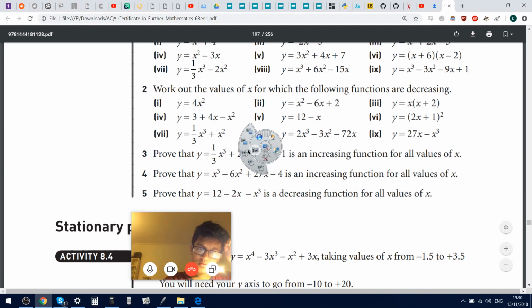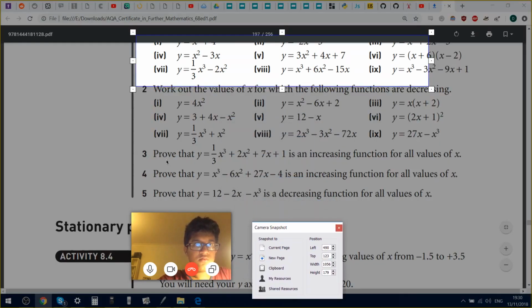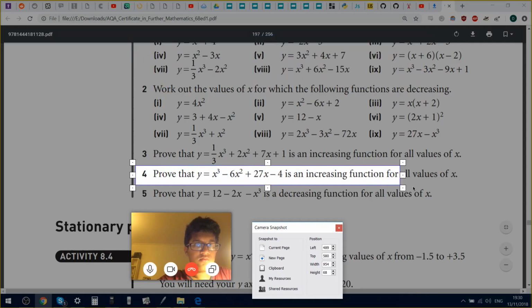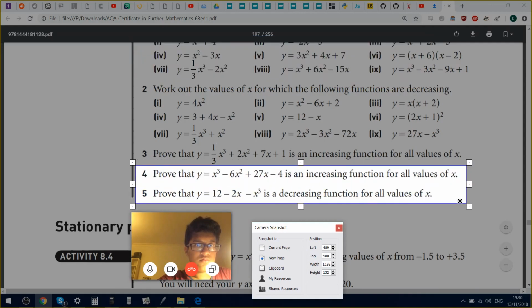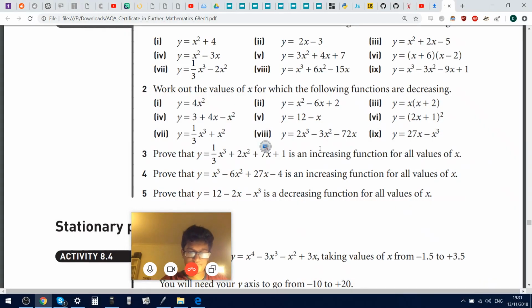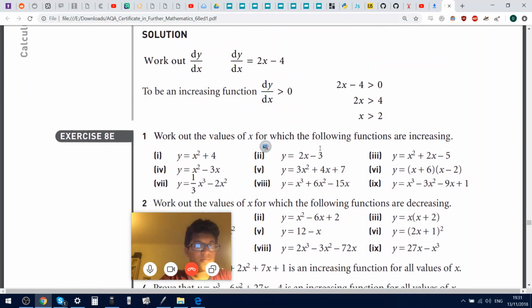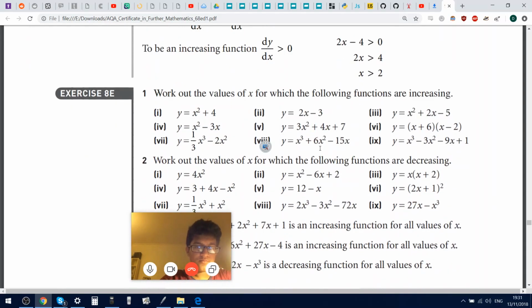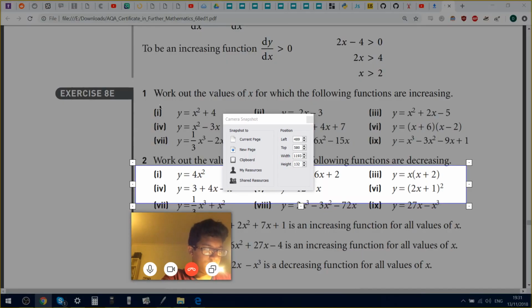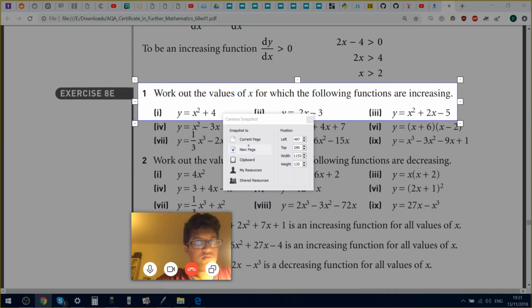Okay, let's see if we remember this type of stuff. I'll try these two hardest ones, or maybe I should just increase. I will see. So question 1.